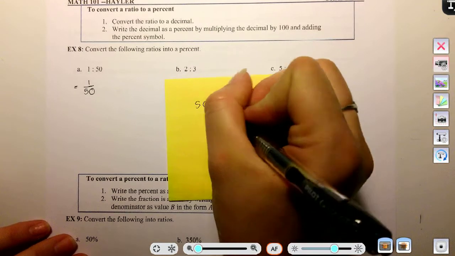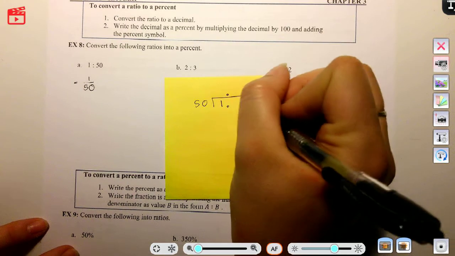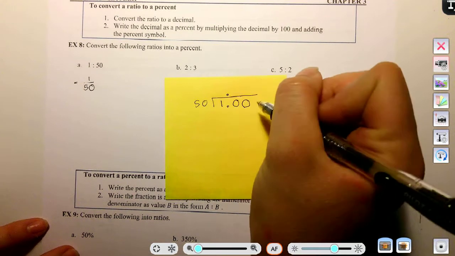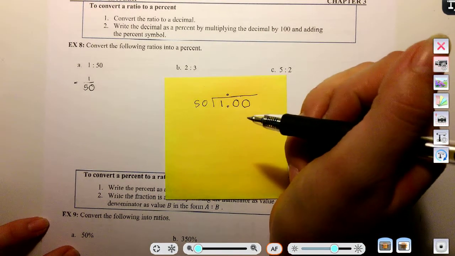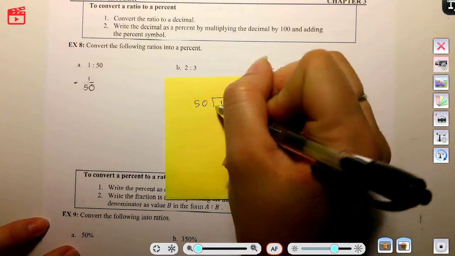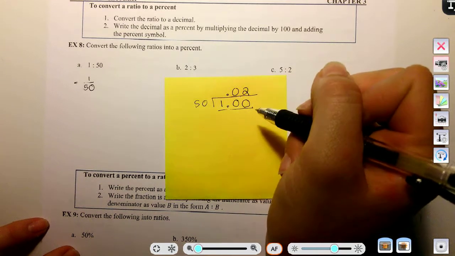All right, 50 into 1. Well, 50 can't go into 1, so we have to add that decimal. Let's put 0. Well, 50 can't go into 10, so let's add another 0. Can 50 go into 100? Yeah, it can, twice. But we have to be careful here. We skipped this one place. But we know 50 can go into 100, so we'll put the 2 where the 100 ends.